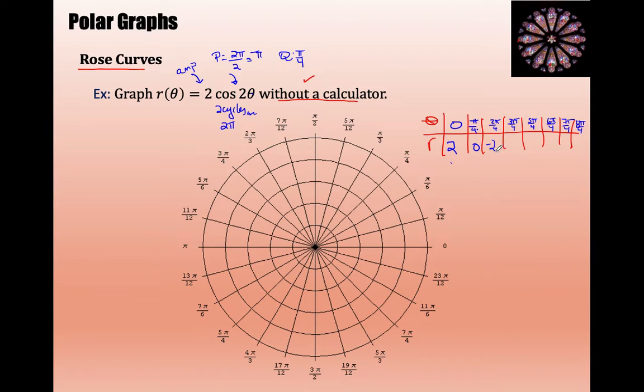And if I keep going with this, you're going to see a pattern with my quarters. Did I do that right? 2, 0, -2, 0, 2, 0.